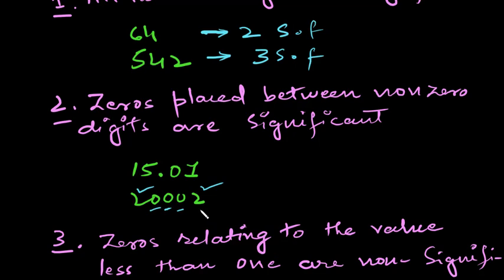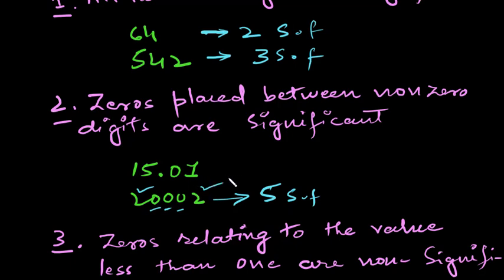And it also applies even if the decimal point is in between, so you also have to obey the rule. So this value contains how many significant figures? Two non-zero digits, that is 2 and 2, and the 3 zeros also included in this way. So we have 5 significant figures.